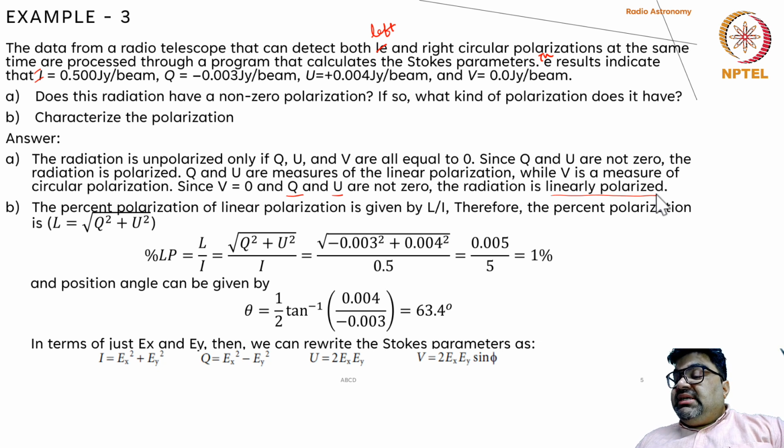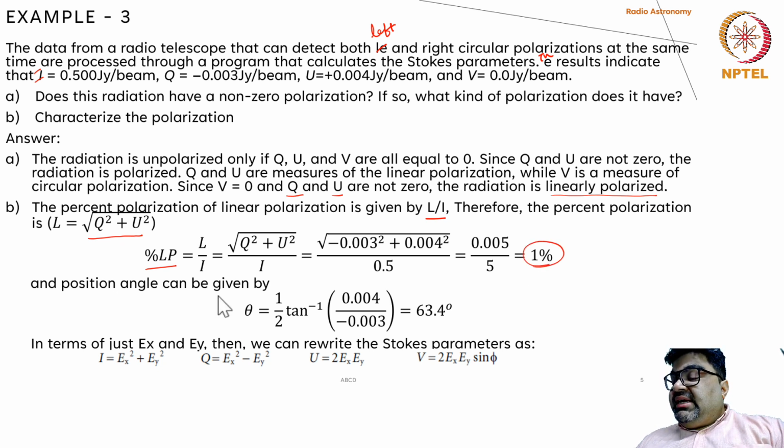The percent polarization of linear polarization is given by L over I, where L is the quadrature addition of Q squared plus U squared, and the square root of that. If you do that, you find the percentage linear polarization is 1%.